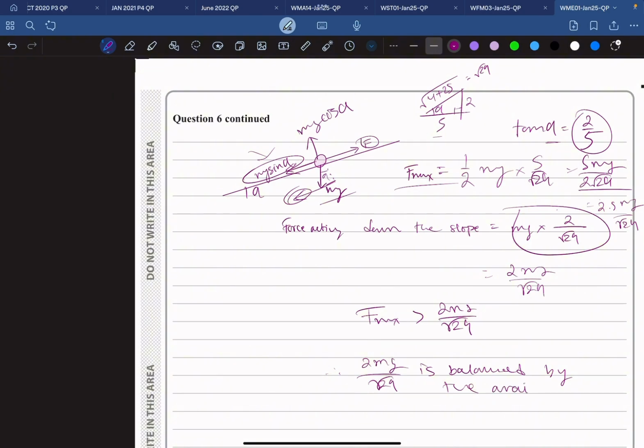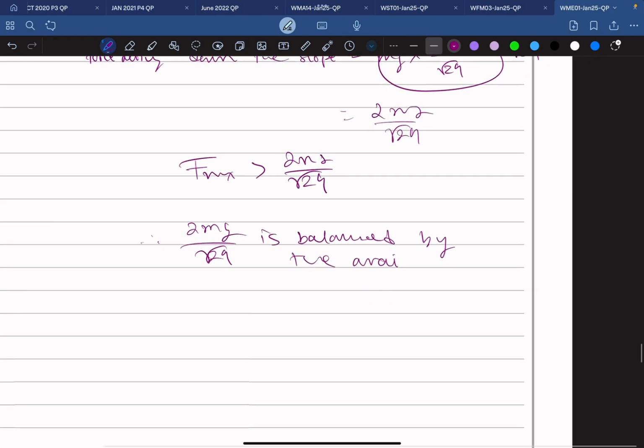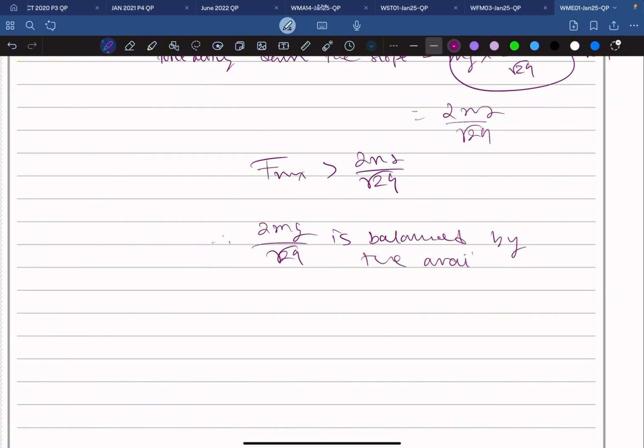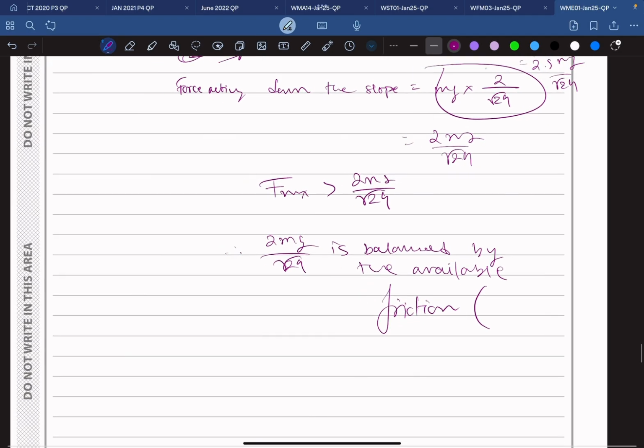You could say that the max friction is high enough that the component of the weight is balanced before reaching the max friction. You could just say that this is balanced by the available friction, and in the brackets you could say what the friction is. The friction is just going to be equal to this. It's going to have to be equal. There we go.